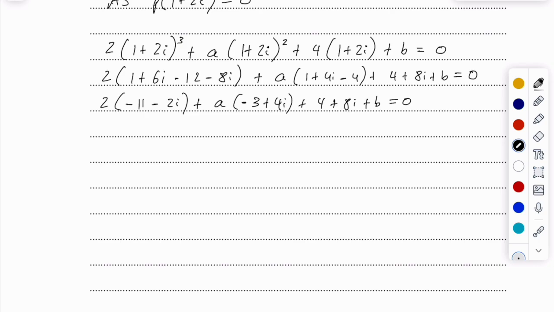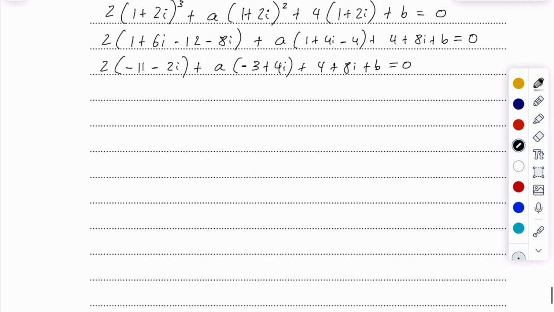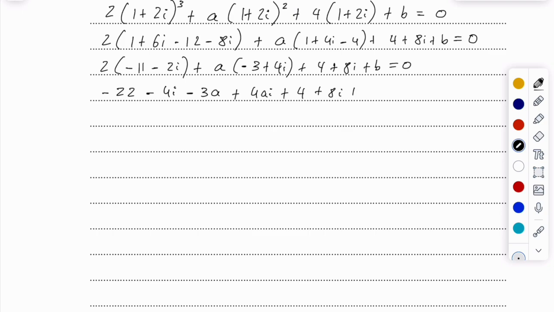What does that then give us? Negative 22 minus 4i minus 3a plus 4ai plus 4 plus 8i plus b equals 0, right? Which then corresponds to the following.